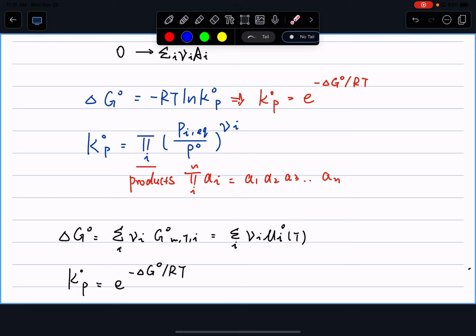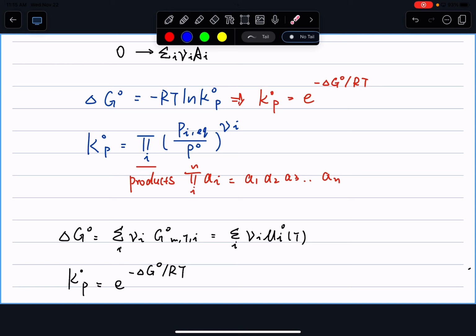This one just says it's a product, right? So this big pi, if you write it as a_i, it basically tells you it's a product of a1 times a2 times a3, et cetera. So your equilibrium constant equals a product of your partial pressure over your standard pressure to the power of your stoichiometric coefficient.